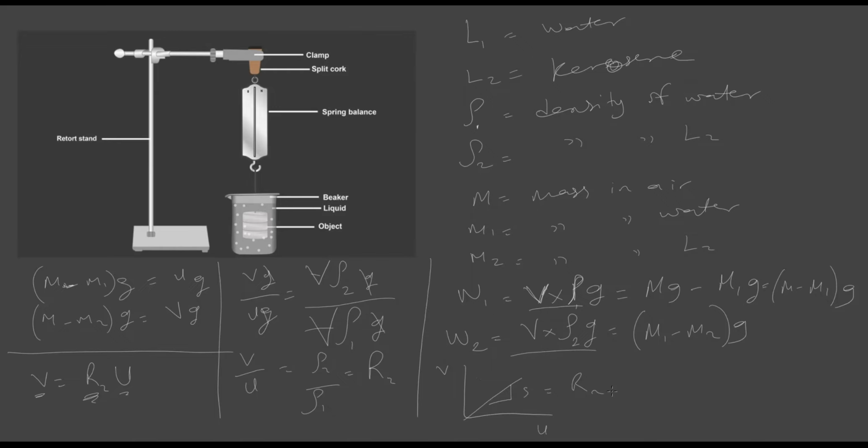And to confirm if whatever you've done is correct, you should expect that your graph should go through zero. And you should know that the relative density of kerosene with respect to water should be the slope. So the question now is, what is the actual value of R2 in the real sense, since you know that the liquid is kerosene? So let me tell you what that is.